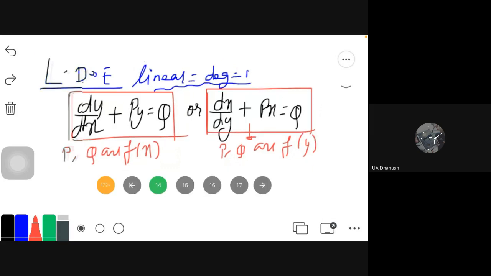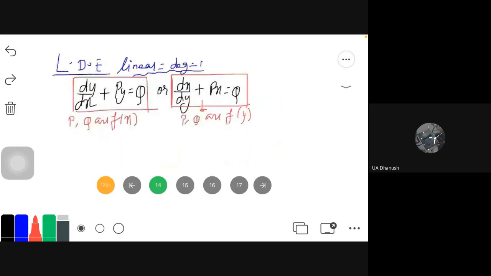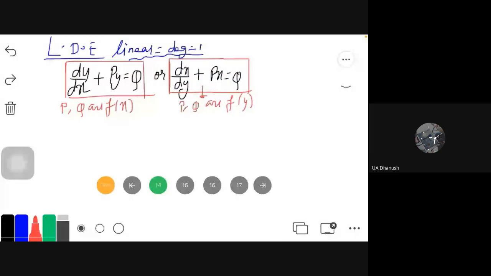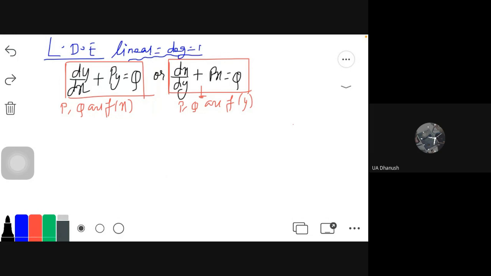Up till now, at the end we had to take x with x, y with y, then do integration and find the value. Here you have a ready-made solution. You have to find the values and substitute them in that solution.